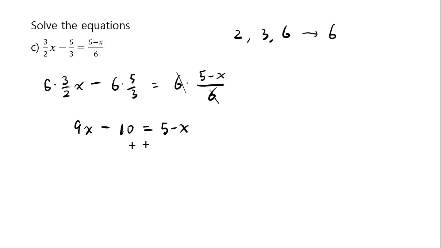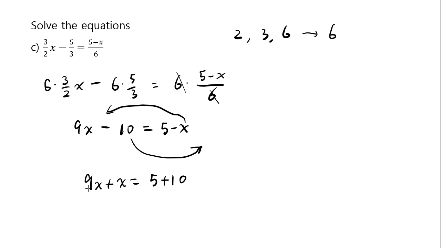Okay, once again I see x on both sides, so move the x on this side, move the 10 to the other side. 9x plus x equals 5 plus 10. 9x plus x is 10x. 5 plus 10 is 15.